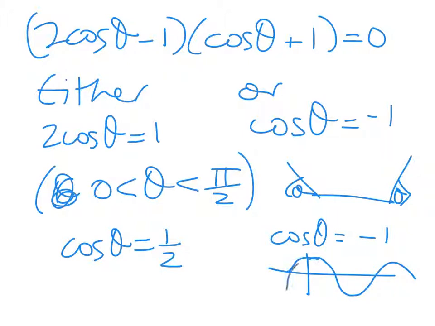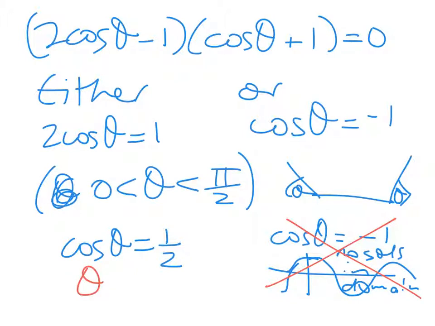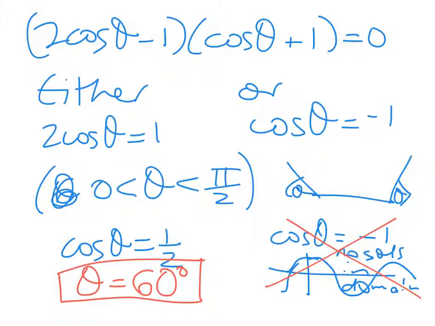So there's no solutions in our domain for this one. So we're not interested in that one. What about cos of theta equals 1/2? Well, that's nice. That gives me theta equals pi on 3, or theta equals 60 degrees. So that is the angle that is going to maximise my cross-sectional area.